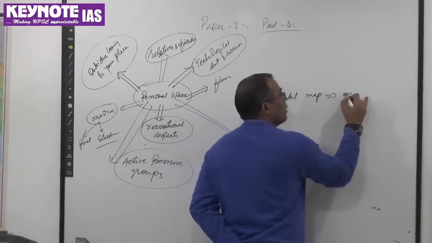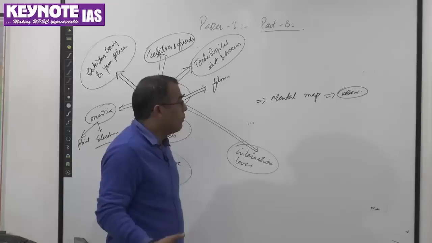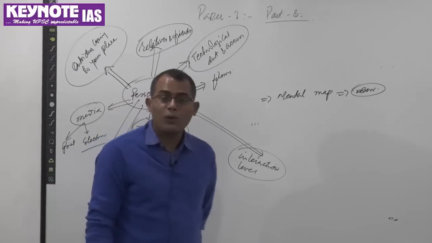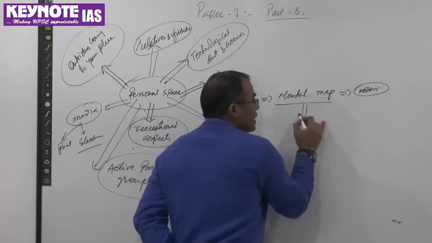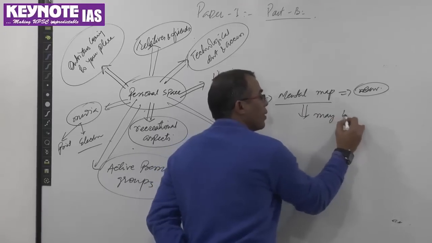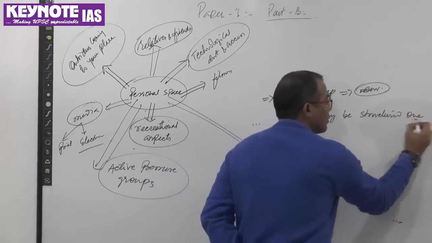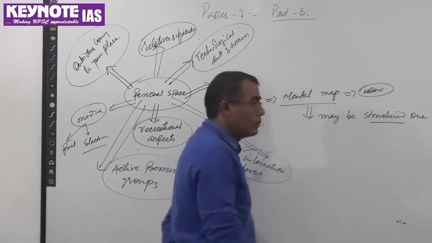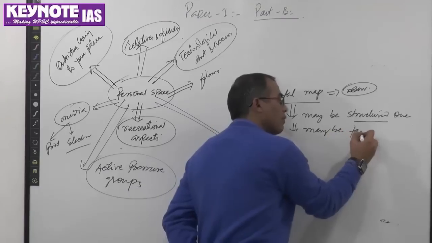over the environmental aspect. Right? Now, take climate, global warming. Now that mental map, the worst problem is that it may be structured. That's the biggest problem. Yes, maybe far from reality.